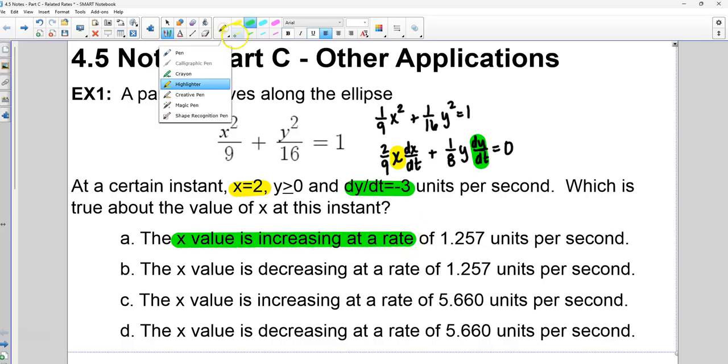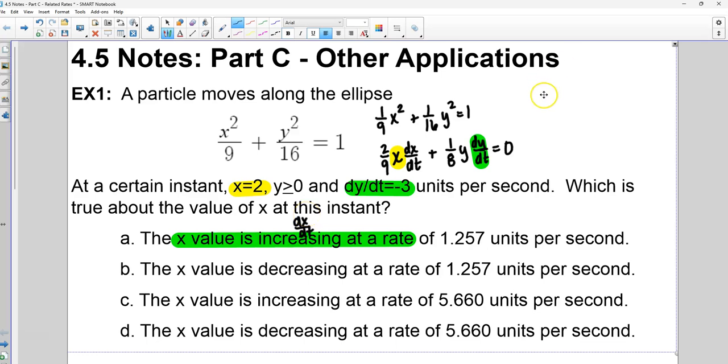What is that referring to as far as my equation goes here? That's dx/dt. We're finding dx/dt, so that dx/dt is what I want to find. I don't want to replace it.